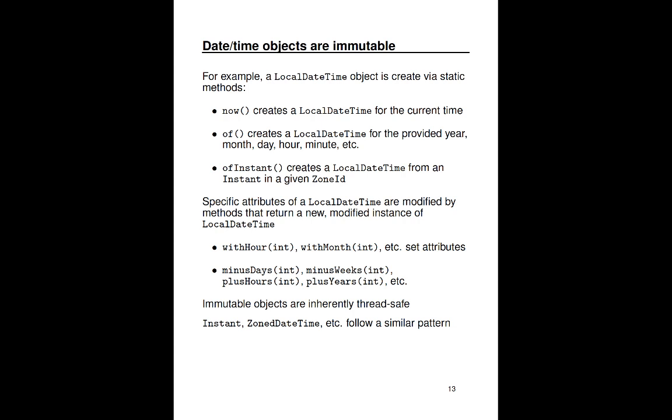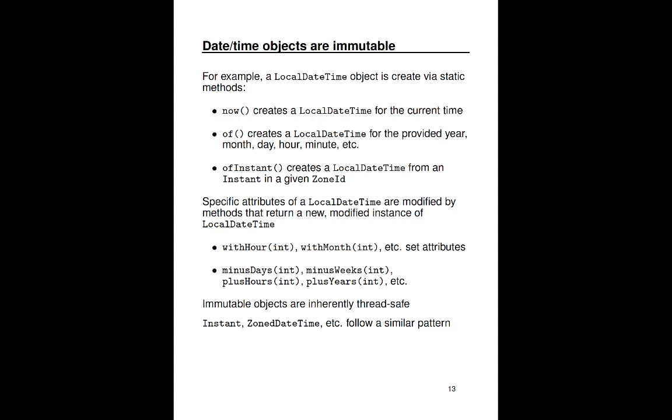It also impacts how you modify the objects. So if you have a particular instance of LocalDateTime and you want to change something about it, like incrementing the hour, you use methods like withHour to set attributes, and then to make other changes to it, you can also use methods like minusDays and plusYears.